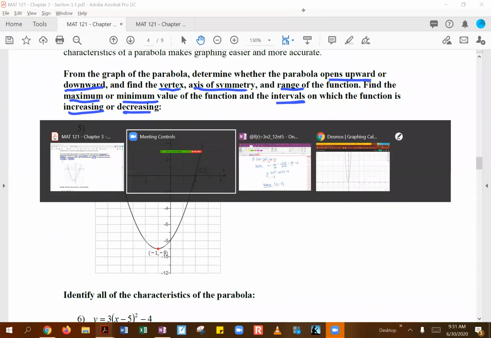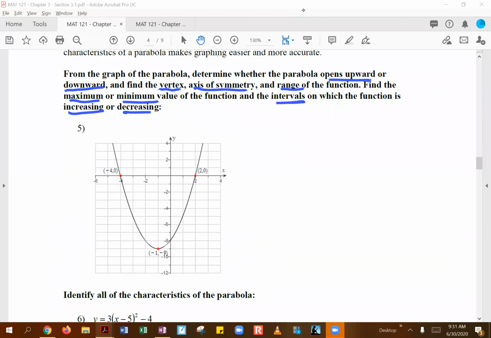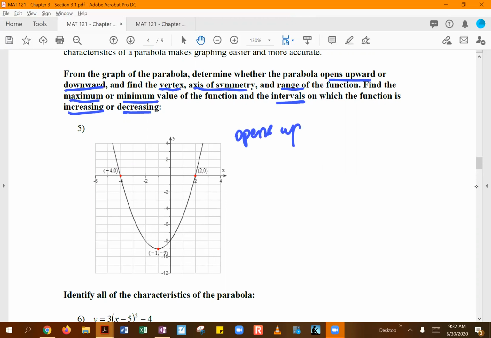Obviously, looking at the graph, what can you say about the opening? Does the graph open up or down? Yeah, like I said, that's easily identifiable. You can see the graph opens upward. Okay, what are the coordinates for the vertex of this parabola?